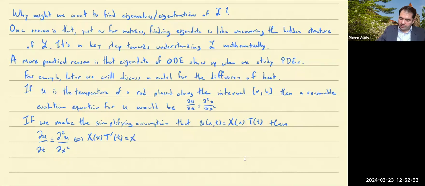So you would end up with capital X double prime of x and capital T of t, right? And then one thing we could do, assuming neither of these functions is 0, because that would not be an interesting solution to this heat equation, we could put all of the t's on one side and all of the x's on the other.